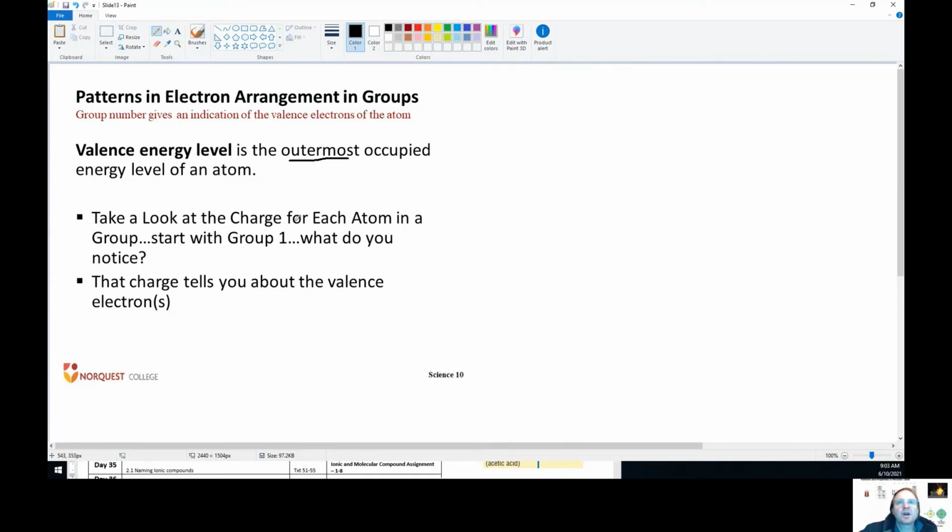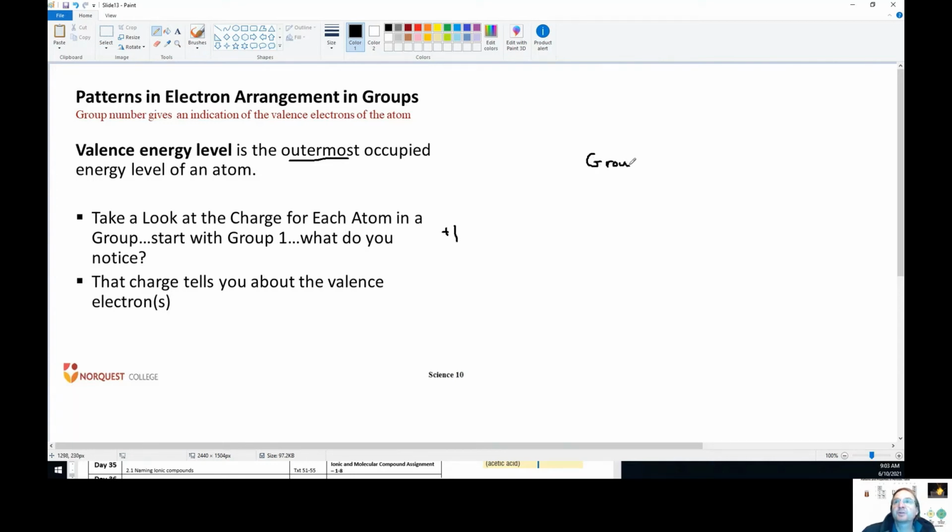Take a look at the charge for each atom in any of the groups. Start with group 1. What do you notice? Looking at that charge, you notice it's all +1. All give away 1 electron. It also tells you about the valence electron: there's 1 valence electron.